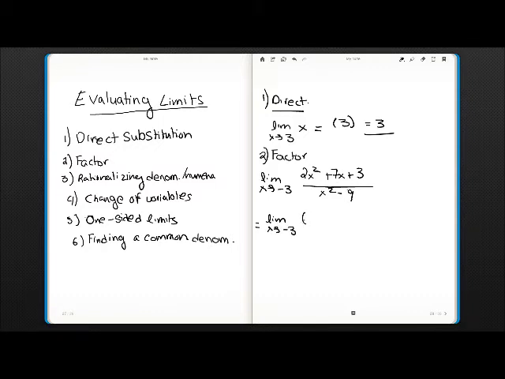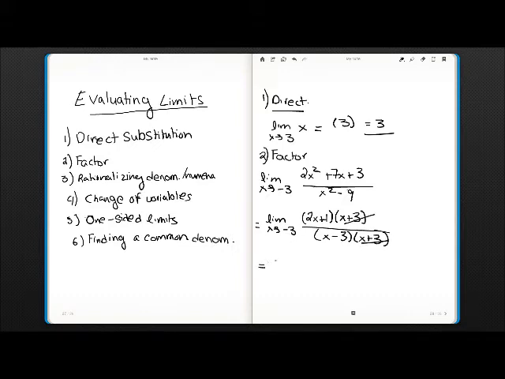The numerator factorizes to 2x plus 1 and x plus 3, because the product is 6 and the sum is 7, so 6 plus 1 is 7, and 1 times 3 equals 3. The denominator is x minus 3 and x plus 3. As you can see, we can factor the x plus 3 out, so that's gone.